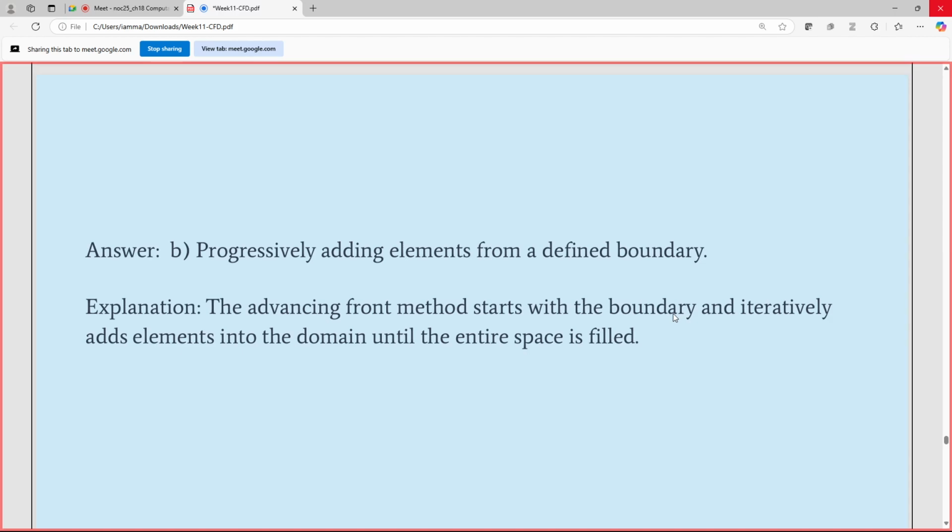It starts from the boundary and keeps on generating cells inwards into the domain until the entire space is filled. Sorry, that is the method of the advancing front meshing method.